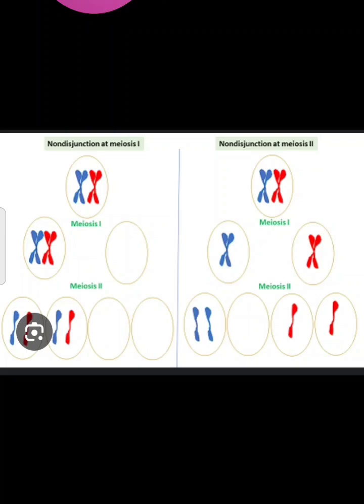Then the second method of non-disjunction can happen in meiosis 2. In meiosis 2, we know the cells coming to meiosis 2 have 23 chromosomes, because already in meiosis 1 the homologous chromosome pairs are separated. Now the cells contain 23 chromosomes and they have sister chromatids, and in meiosis 2 the sister chromatid separation is the thing happening.